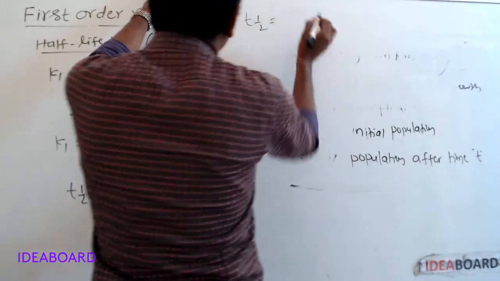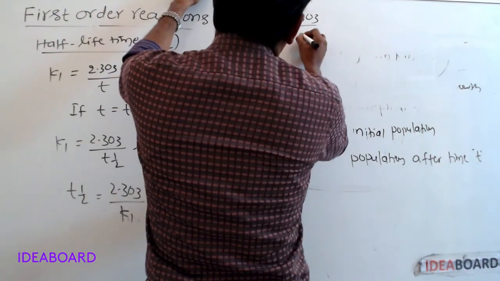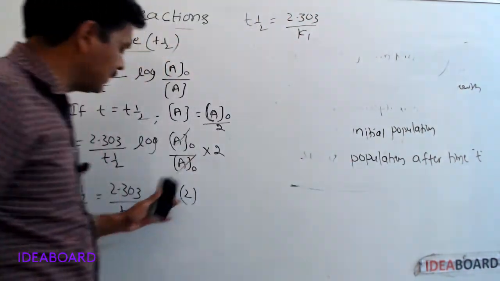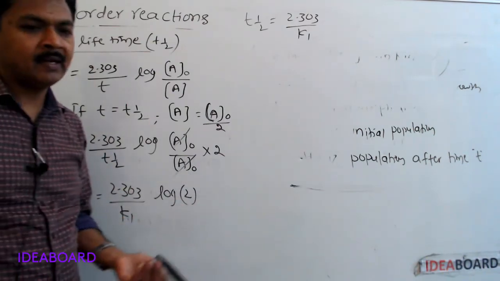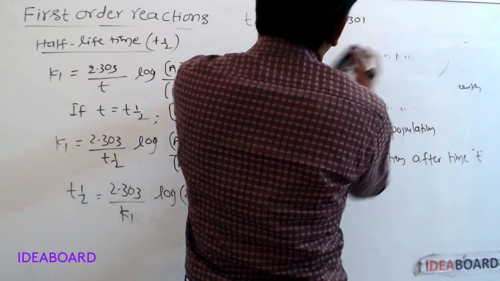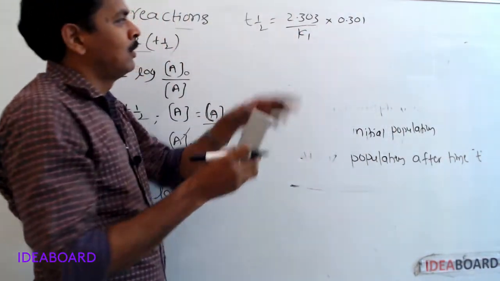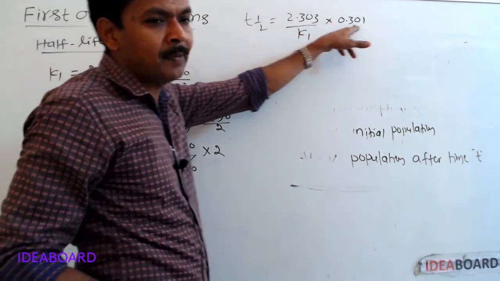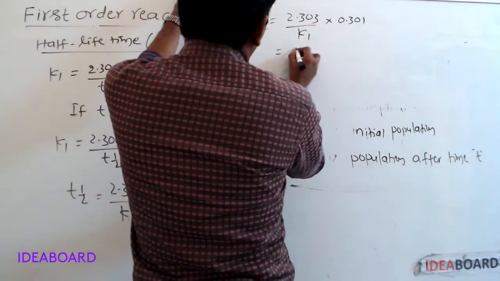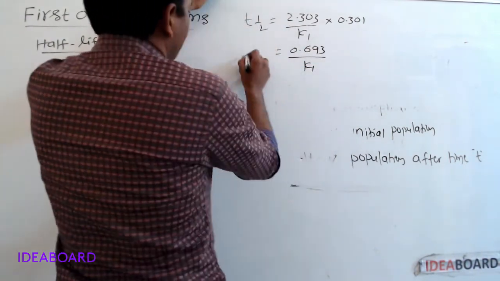T half is equal to 2.303 by K1. We know that the log 2 value is 0.301. Then 2.303 into 0.301 gives 0.693 by K1.